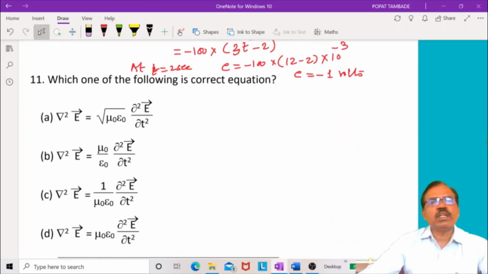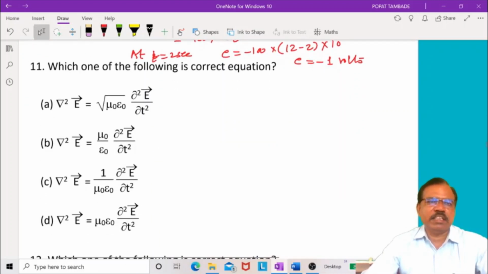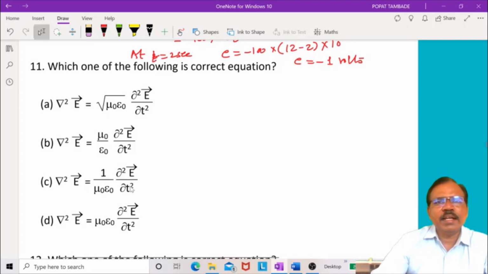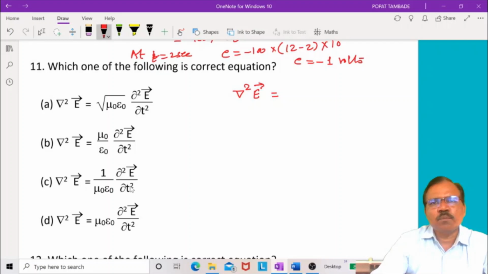Now which one of the following is the correct equation? Here the wave equation is given. For the electric field, the wave equation is del square E is equal to 1 upon c square ∂²E/∂t², where c is the speed of the electromagnetic wave, and 1 upon c square is equal to mu 0 epsilon 0.